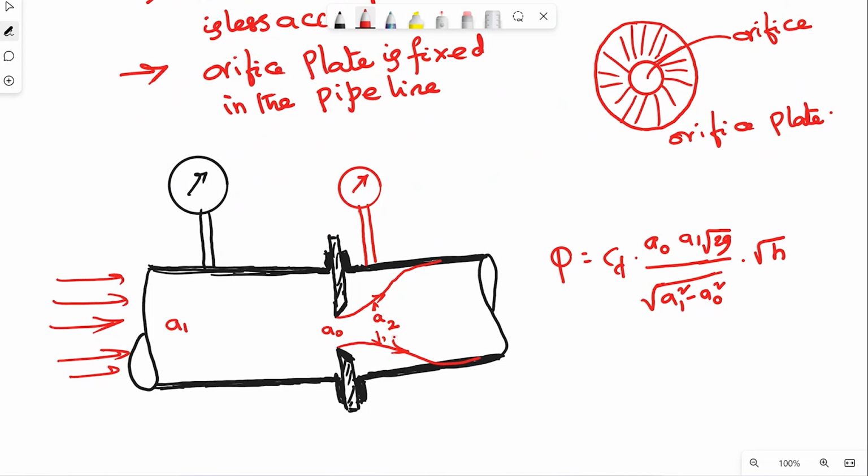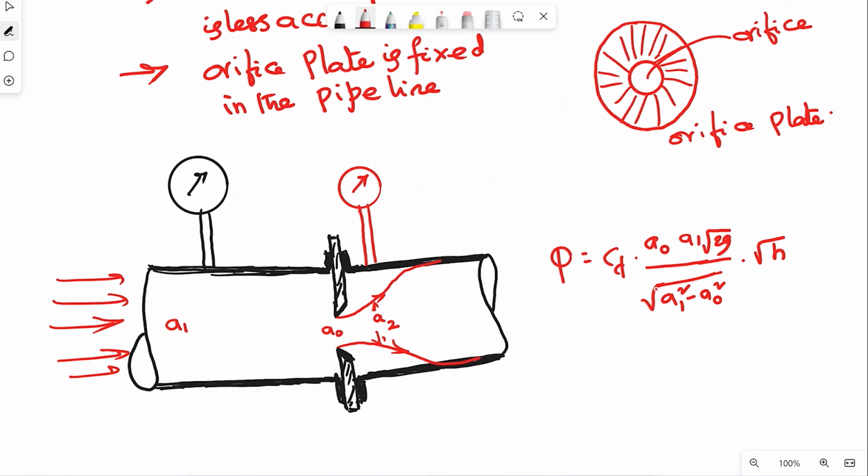Even though we are measuring the pressure at A2, we are not using that A2. A0 is the area of the orifice, A1 is the area of the inlet, and Q is the same formula as the venturimeter.